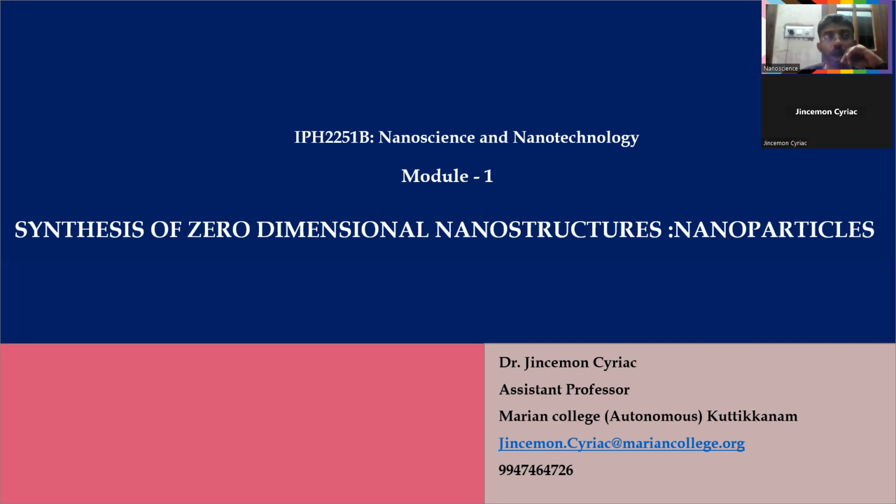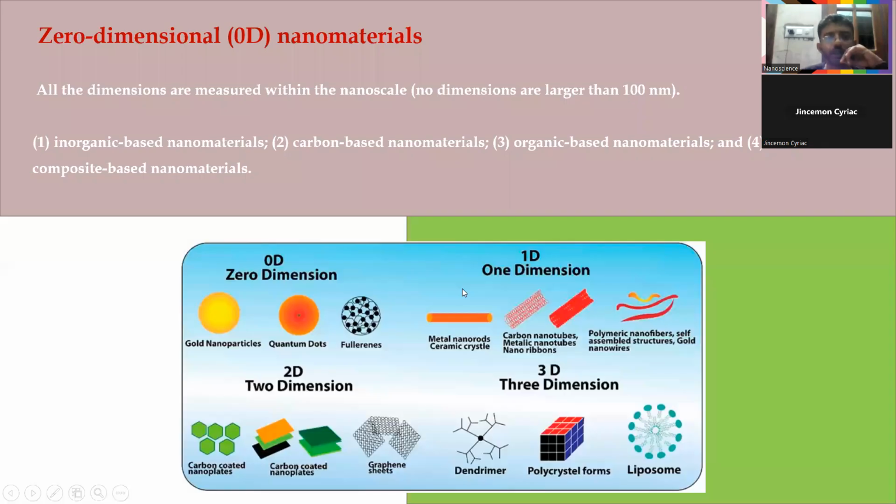That means quantum dots. So basically, materials are classified into four types: three-dimensional material, two-dimensional material, one-dimensional material, and zero-dimensional material.